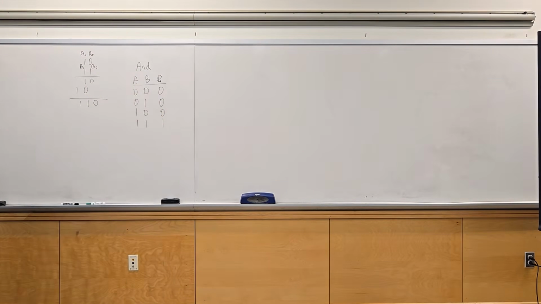It's multiplication. When you have Boolean expressions, you use a multiplication symbol to represent the AND gate, because that's all it is, binary multiplication.